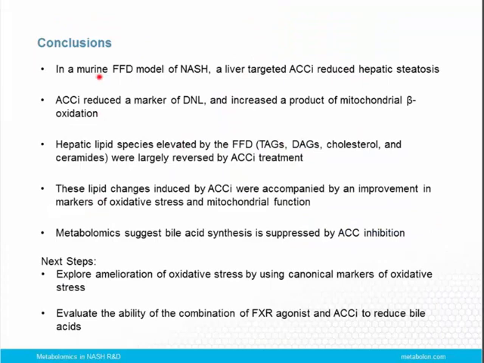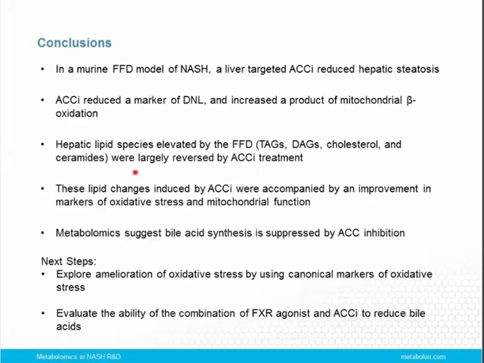So in conclusion, in this fast food diet model of NASH, acetyl-CoA carboxylase inhibition reduced steatosis and reduced markers of DNL and increased markers of beta oxidation. The liver lipid species that were increased on the fast food diet were largely reversed with ACC treatment, and likewise those that were decreased were increased for the most part, with a few notable exceptions, as I mentioned.